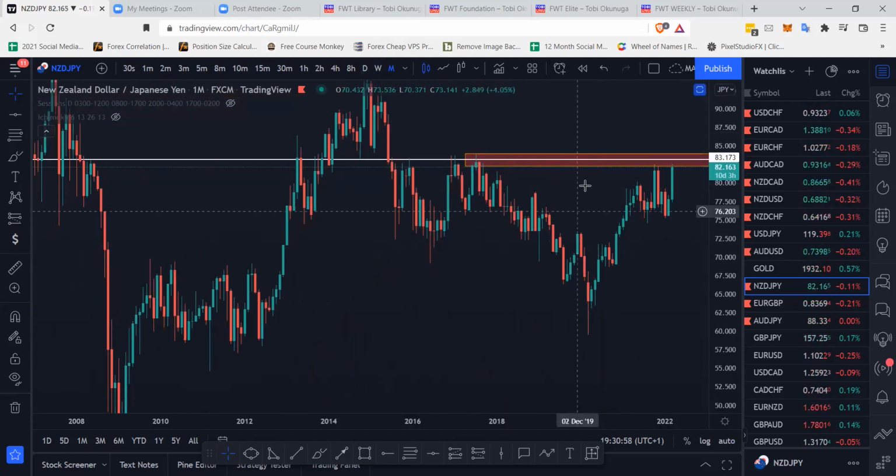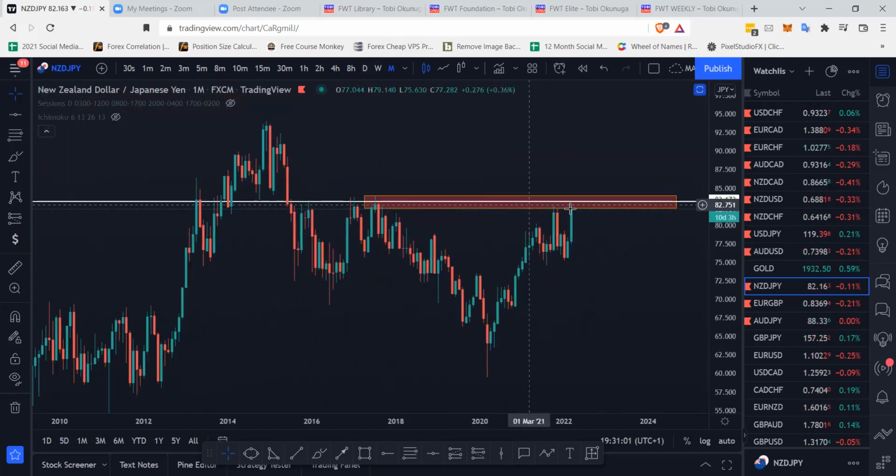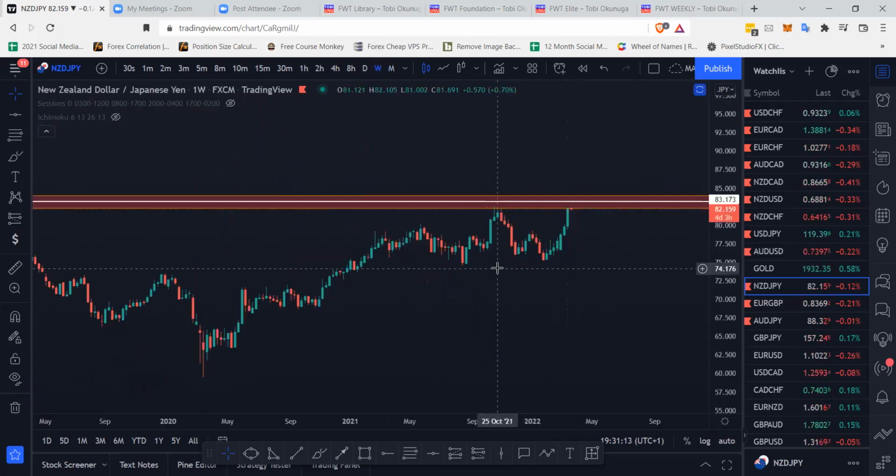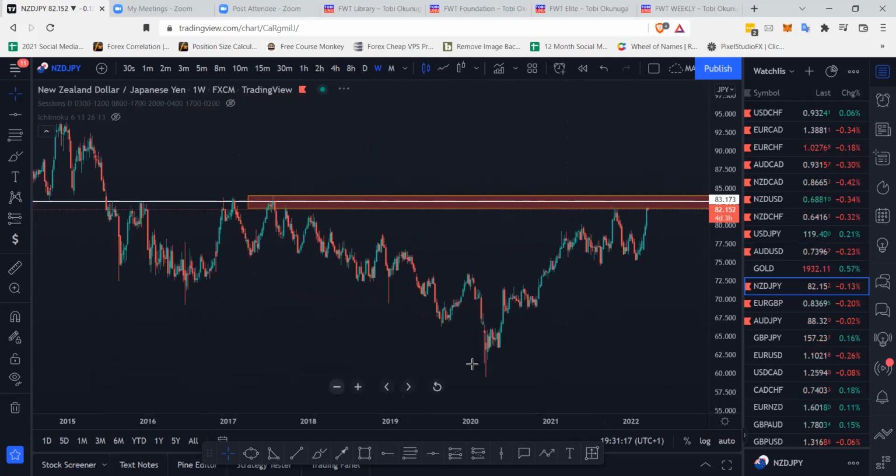Okay, so we already know for certain that monthly is saying that price is on a supply zone. So guys, if monthly is telling you something, just know that it's going to be a strong move. Weekly, let's find a setup on weekly for the sell.